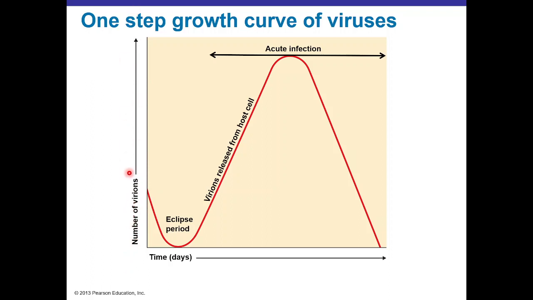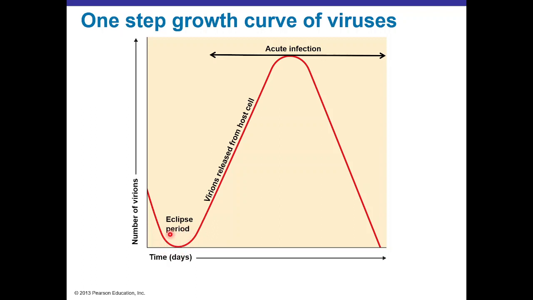In the y-axis, you have the number of virions. In the x-axis, you count the number of days it takes to detect the viruses in the medium where you're growing them. So if you inject, let's say, 100 viral particles on day 0, then by day 3 the viruses disappear. This is known as the eclipse period.